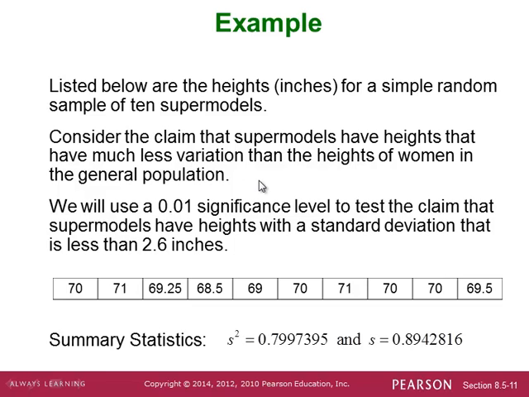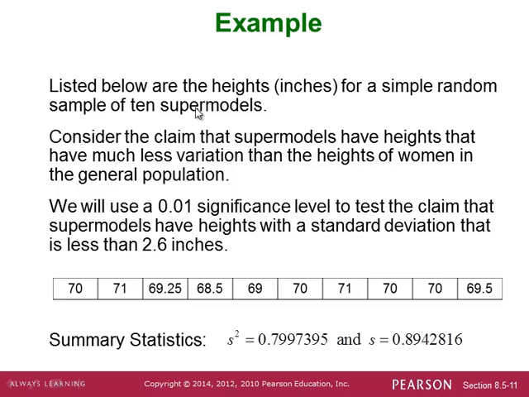When we think about supermodels and their figures, they are typically going to be tall and skinny with not a whole lot of variation. So we're going to test this idea that there's a lot less variability in the heights of women who are supermodels compared to the general population of women.